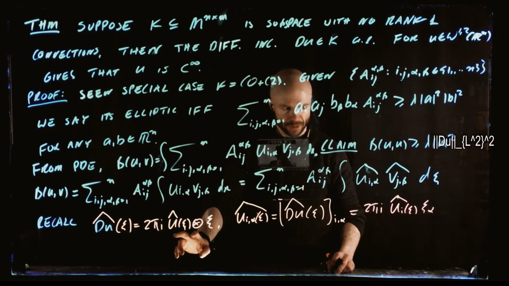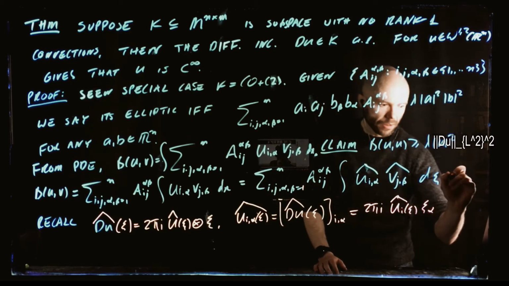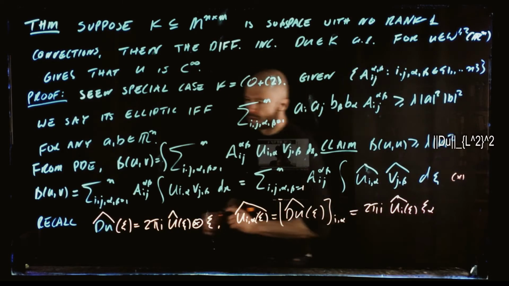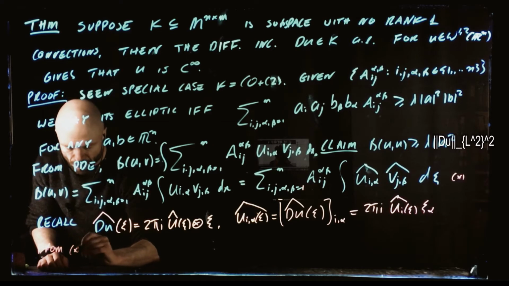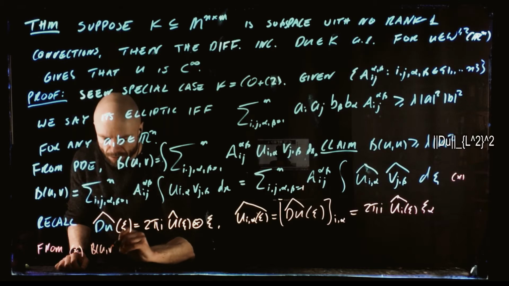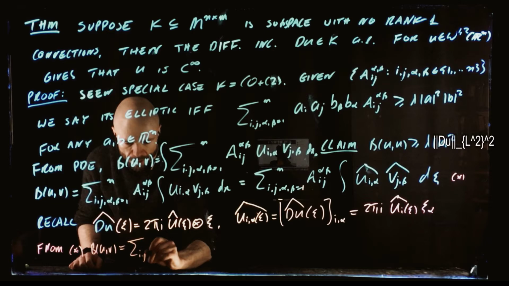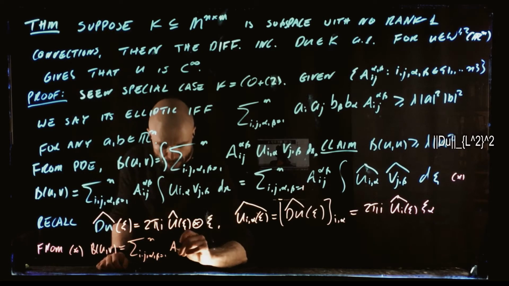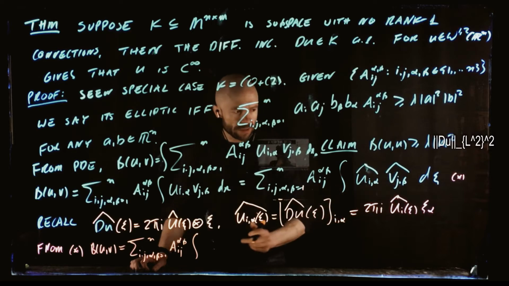Okay. So we can put that into this expression here, so call that thing star. So from star, we get that B(u, v) is equal to the sum over i, j, α, β equals 1 up to n of a_{ij}^{αβ}, and then the integral, and now we're going to put in our expressions for what these things are.